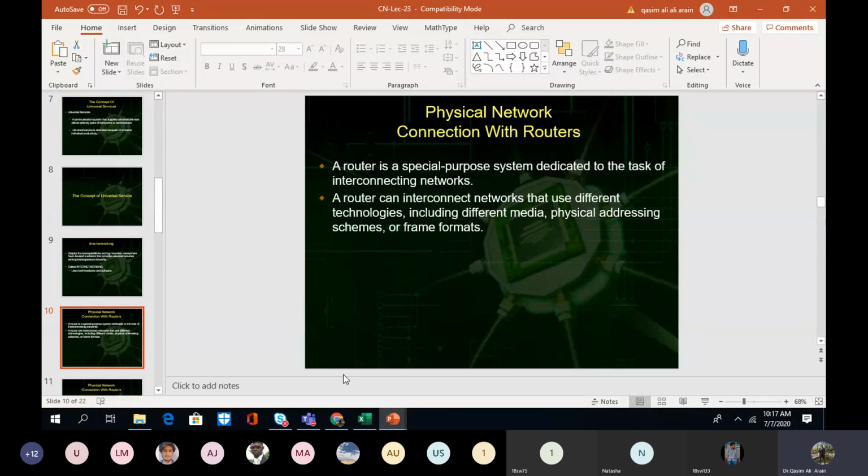But when we want to communicate across different networks, like WANs or LANs, or different sorts of MANs which want to communicate with each other and form a bigger network, in such a situation the connectivity between multiple networks requires an intermediary device, and that intermediary device is known as a router.